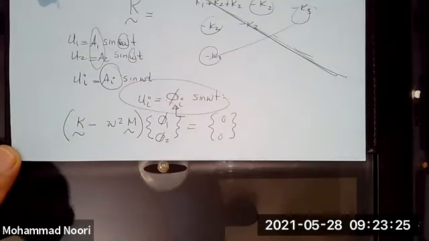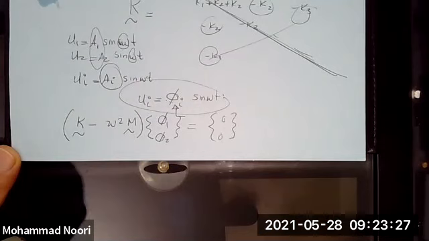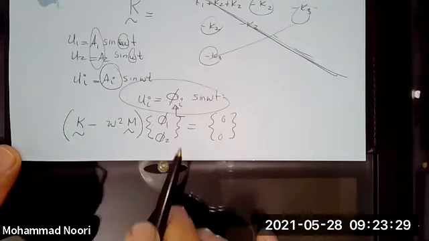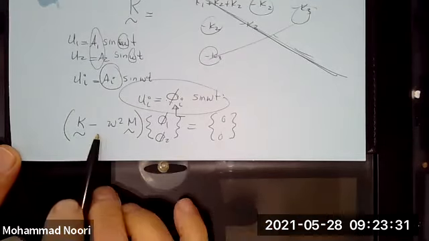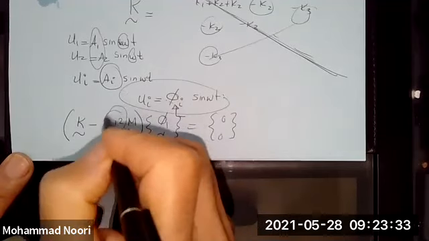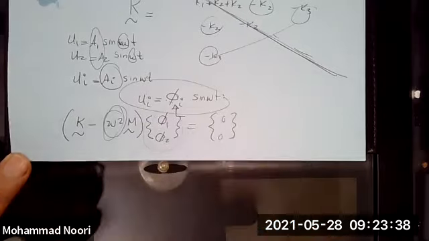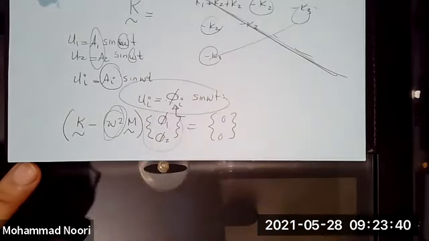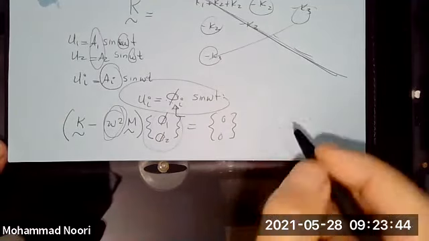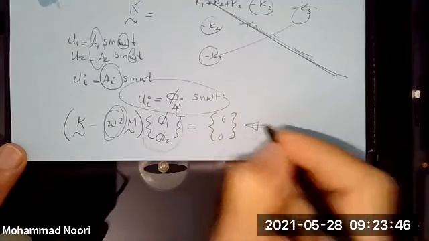In general, okay? And the goal is to find these omegas and these, okay? If you remember from matrix algebra, this was what?